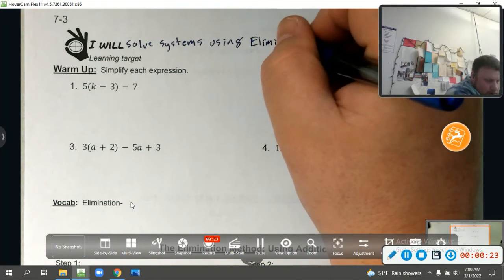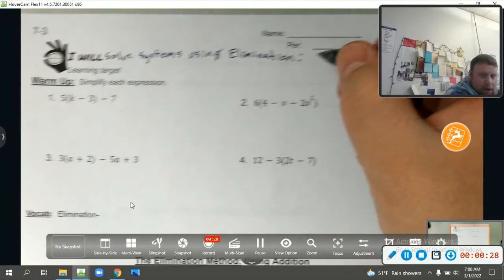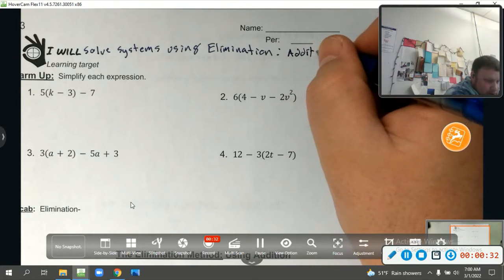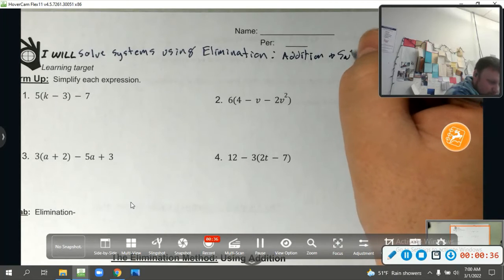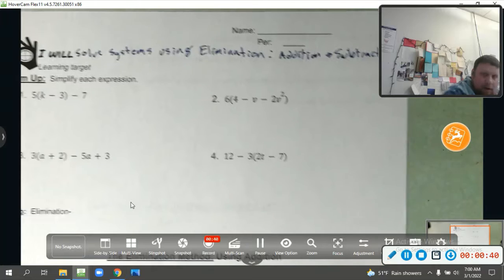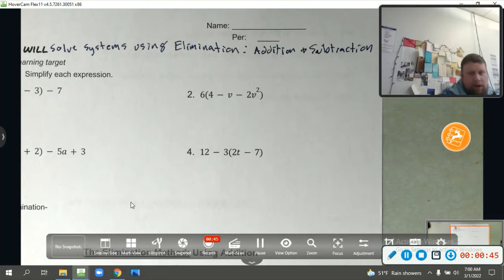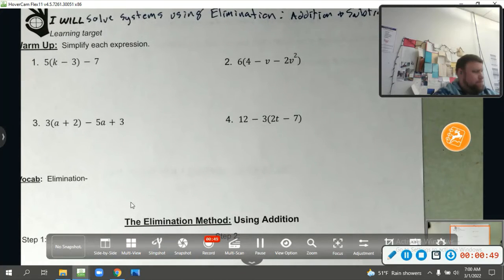We're going to do that using two types of elimination, addition and subtraction. Awesome. I will solve systems using elimination, addition, and subtraction. Okay. Go ahead and do the warm-up.